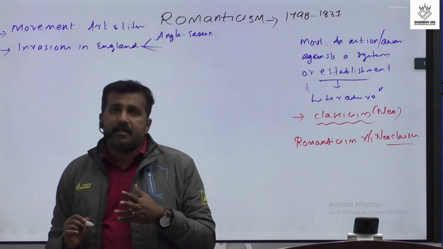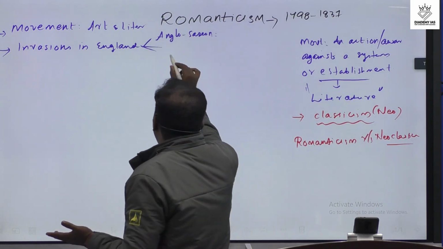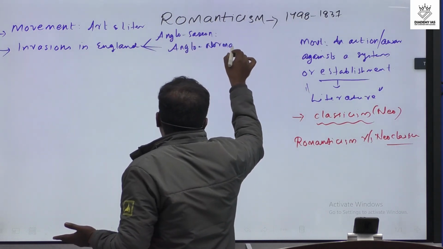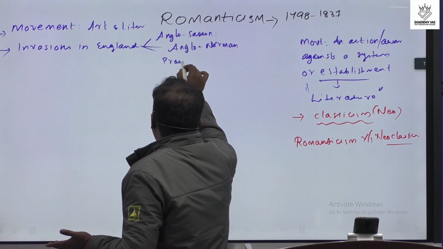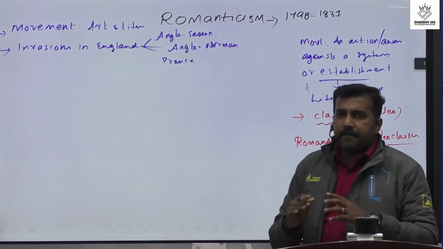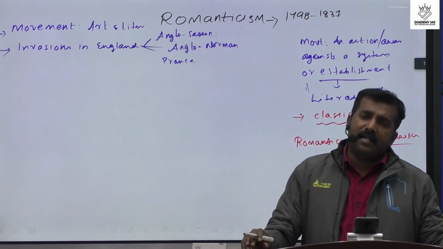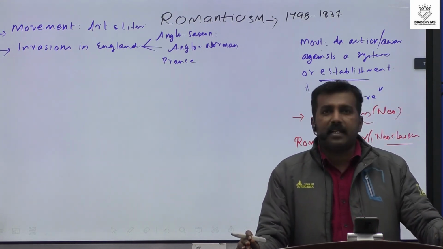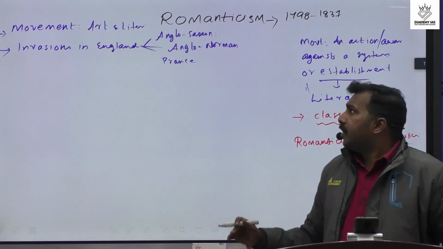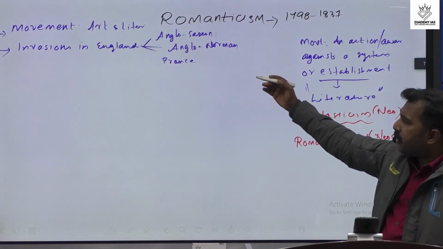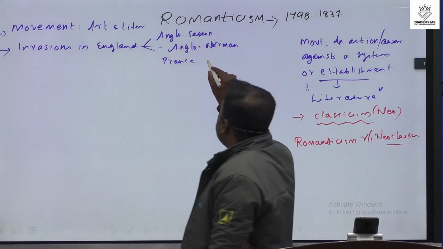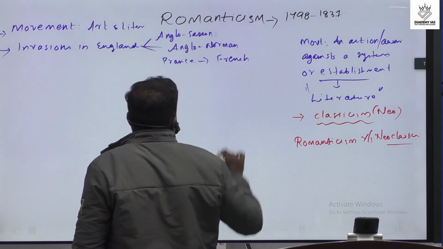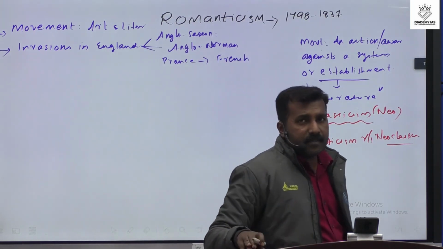And the second, we discussed the influence of the Anglo-Normans. Actually, these people were from France, and their influence highly impacted literature in England, specifically literary works. So, Anglo-Saxon, Anglo-Norman, and especially the influence of France, that means the French language, influenced English literature.